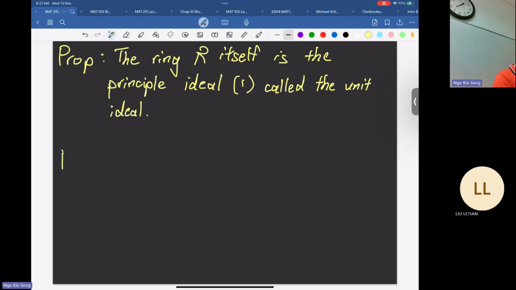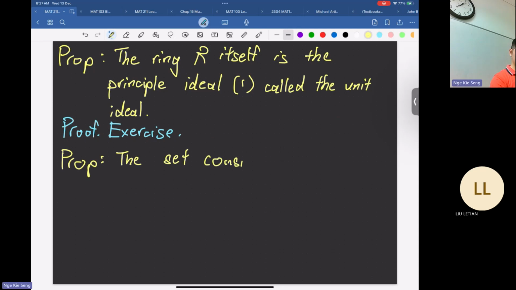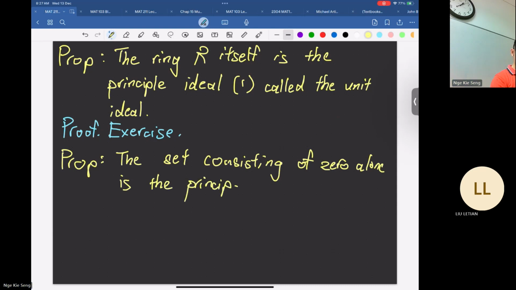The next important point, you can try and prove this; it is a very easy exercise. Next, the set consisting of just the zero element is the principal ideal zero.